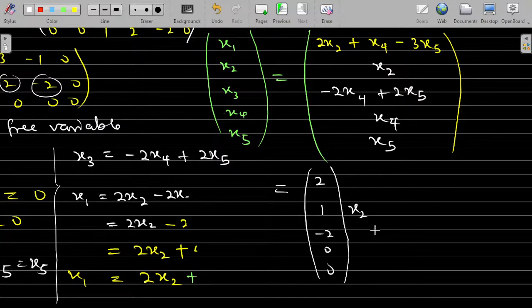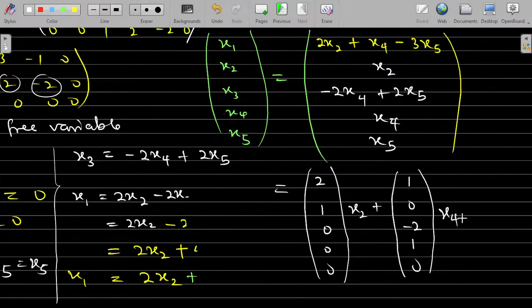Then we come to x4. x4 in row 1 is 1, in row 2 is 0, and in row 3 there's no x2, so it's 0. Then x4 here is minus 2, x4 here is 1, x4 here is 0. So this one will multiply x4.